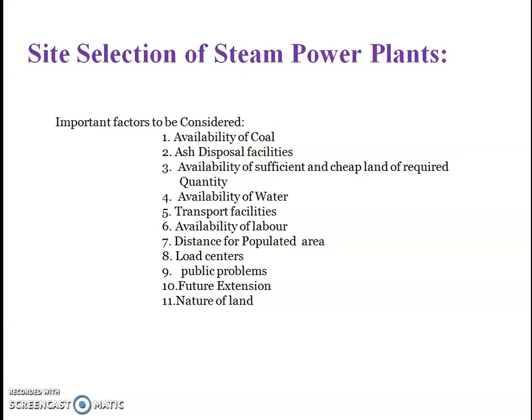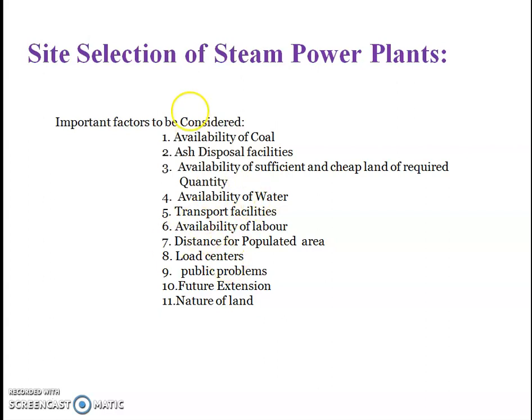A large quantity of water is also required for the disposal of the ash if a hydraulic system is used. In view of the above, it is necessary to locate the thermal power plant near the water source which will be able to supply the required quantity of water throughout the year.